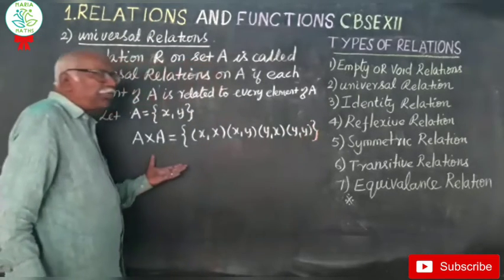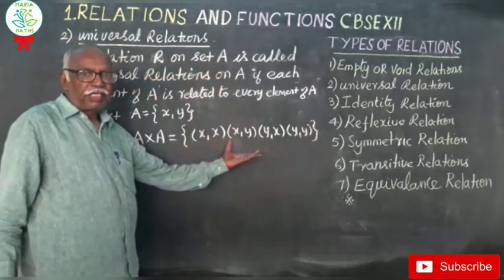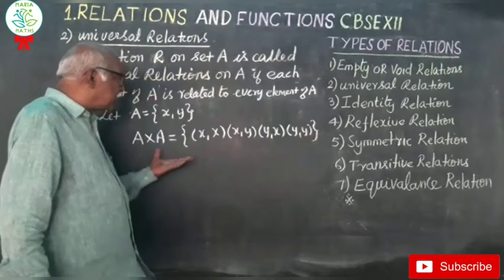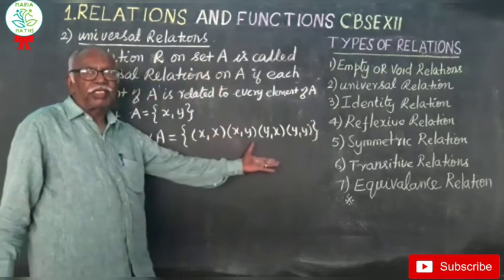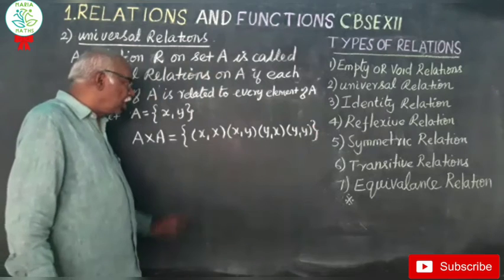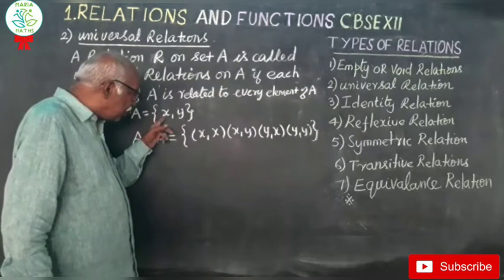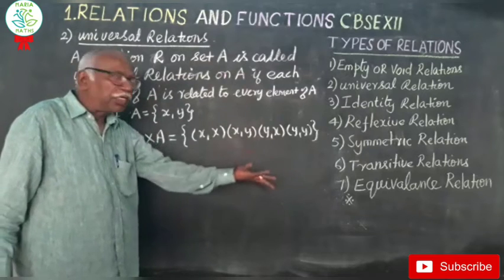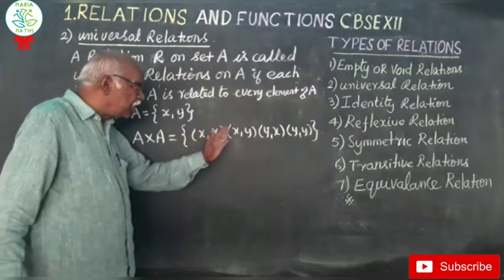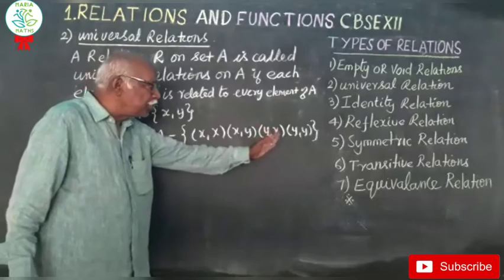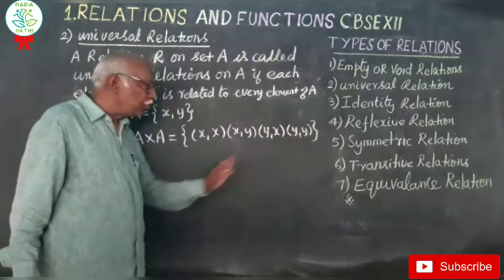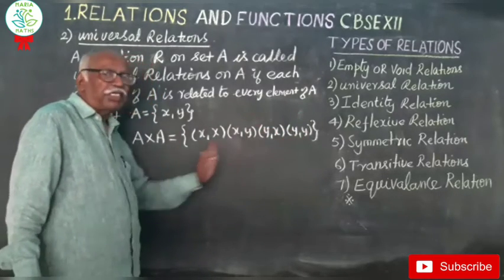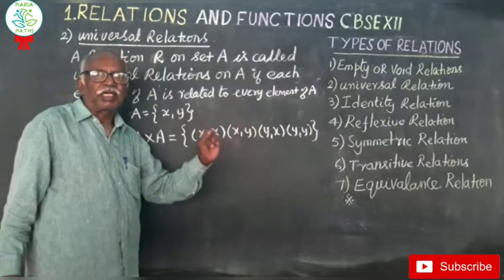These are all the maximum possible relations. Therefore, A cross A is known as the universal relation. All the elements of A are related to every element of A. X is related to X, X is related to Y, Y is related to X, Y is related to Y. This type of relation is known as a universal relation.